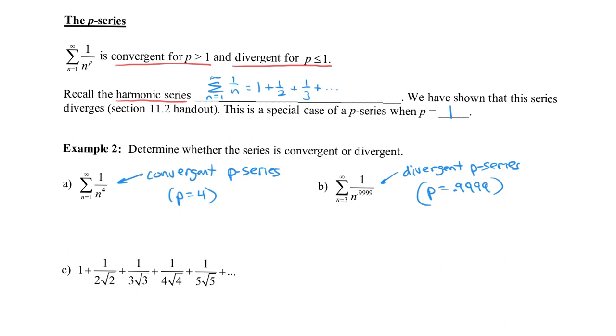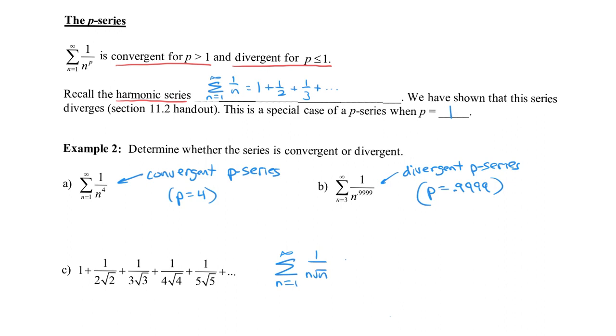So it looks like it's something like summation from 1 to infinity of 1 over n times the square root of n, right? If you plug in a 1 here, we get 1 times the square root of 1, which is just 1, and then it goes to 2, and 3, and 4.